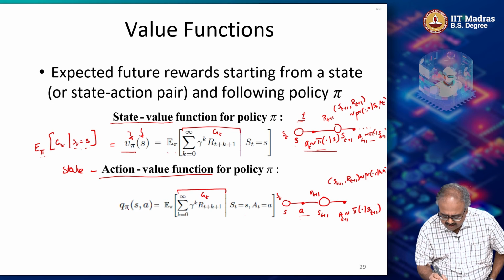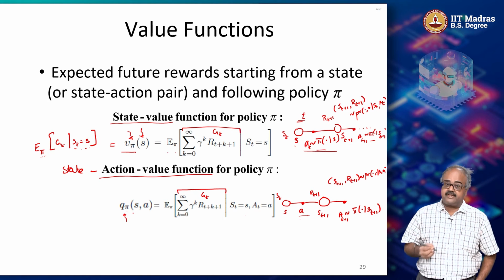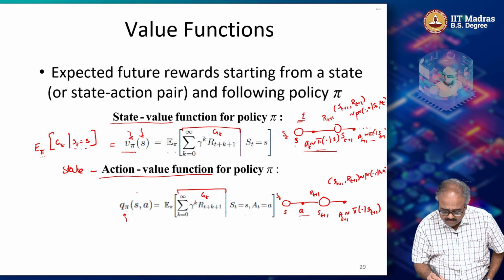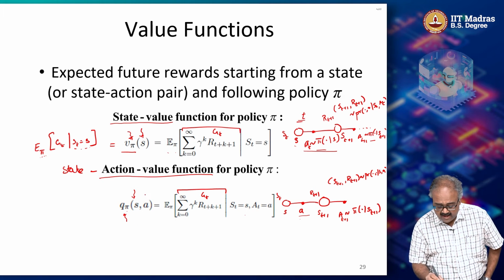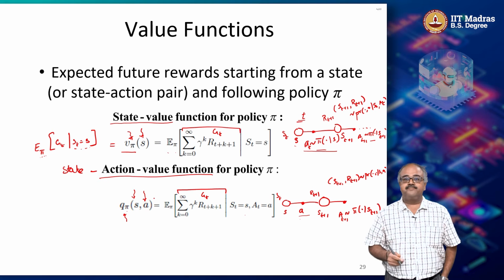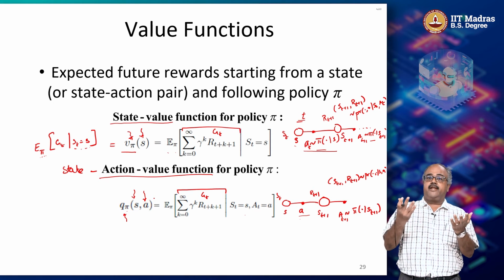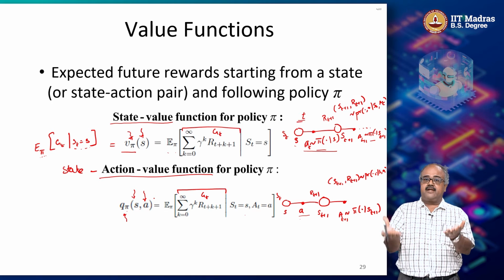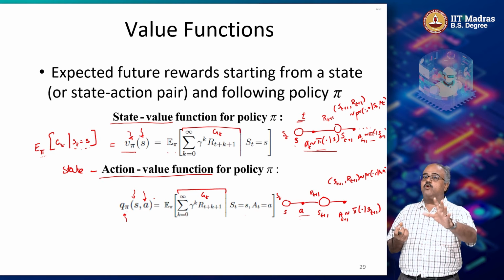Again, I have specified my pi, that's the policy that I am going to follow. I am also specifying the state at which I will start and the first action I will take. So what does this allow me to do? I can look at q pi S comma A1 and q pi S comma A2 and then compare these two. Let's say the first action I take is A1 and then I will follow policy pi.